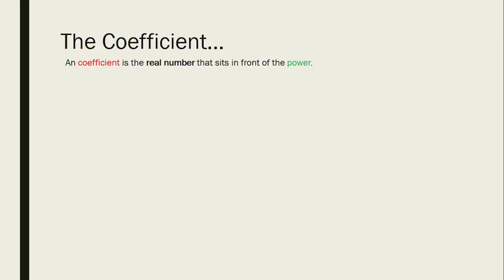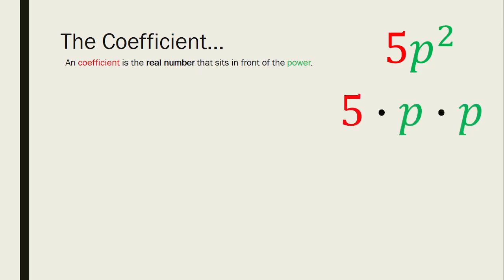Let's go and add a coefficient into the mix. So remember, this is exactly the same as the last video that I just did. So 5 times p times p. That's how these things break up. Now, let's go and look at this. So we need to then work with the coefficient first. Well, when I divide two negatives by each other, they just become positive. And then 6 divided by 2, well, that's a 3 over 1.